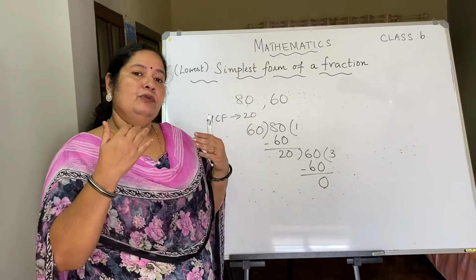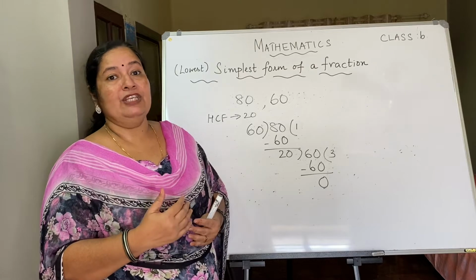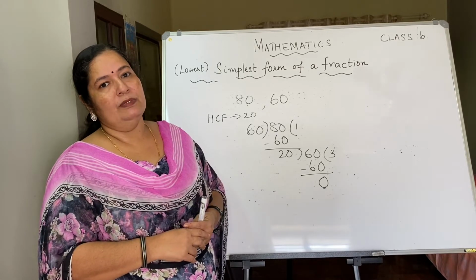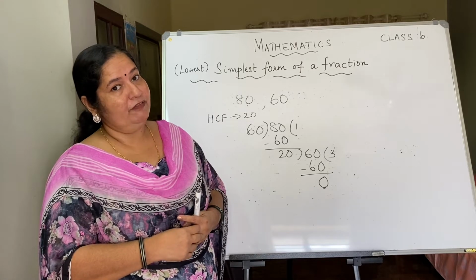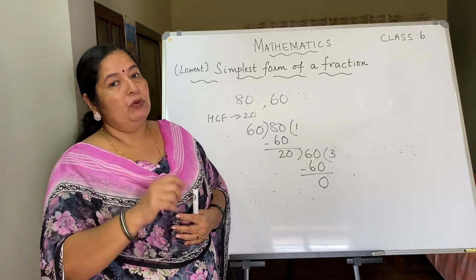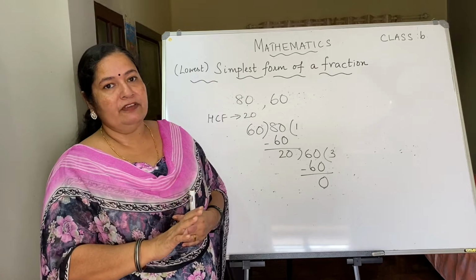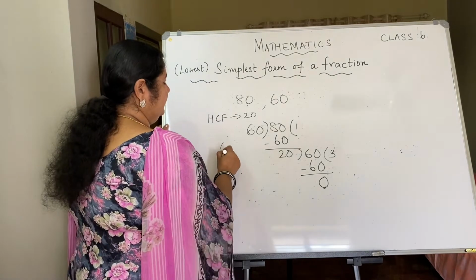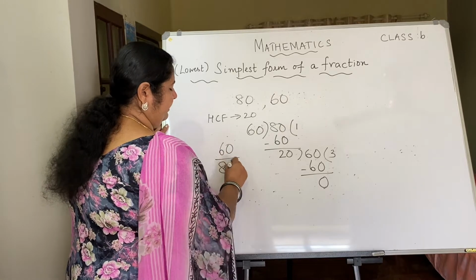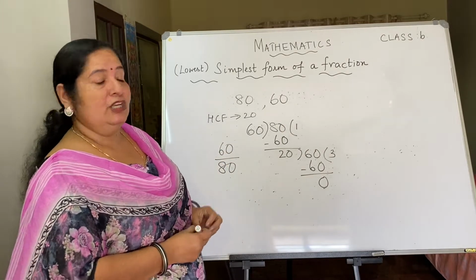Now to write or reduce a fraction in the lowest form, by the method of finding HCF, what we do is, after finding HCF, you divide both numerator and denominator with the HCF. So suppose you are having the fraction as say 60 by 80. So what we do?